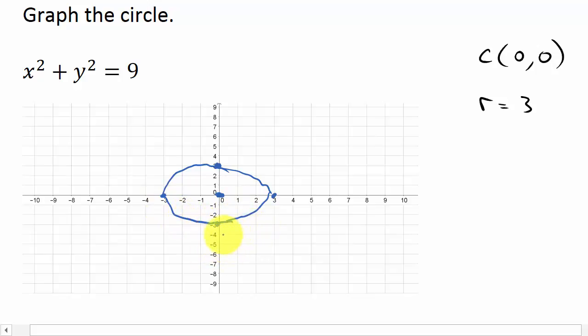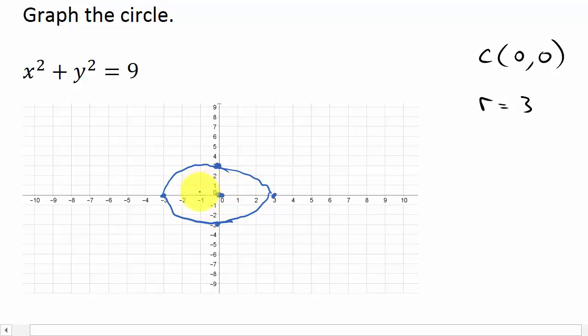And I know it's not going to look like a circle, and the reason for that, if you can see, is that the distance of 1 unit on the x-axis is not the same as the 1 unit on the y-axis. If you had them the same distance, it would look much more like a circle. So sorry about the circle looking the way it does.